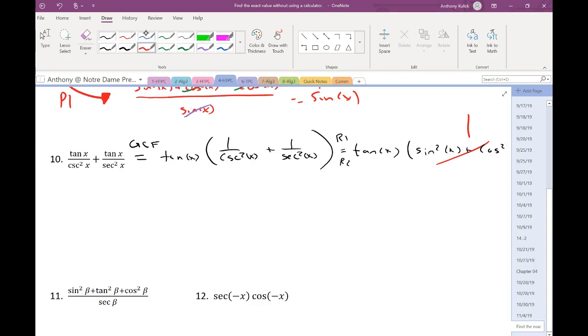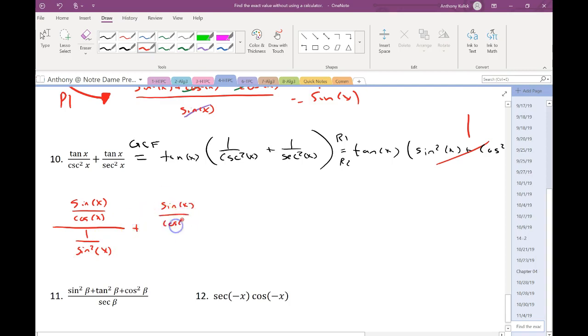So, the obvious thing to do is probably just to use Q1 to write tangent as sine over cosine, and then to use my reciprocal identities to write cosecant squared as 1 over sine squared, and secant squared as 1 over cosine squared. That's probably the obvious first step, to just write everything in terms of sines and cosines.